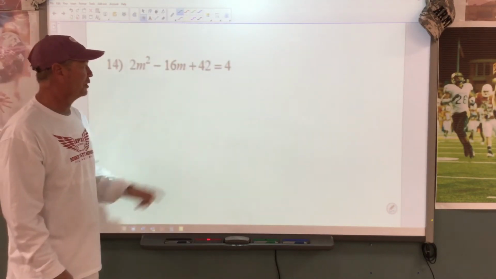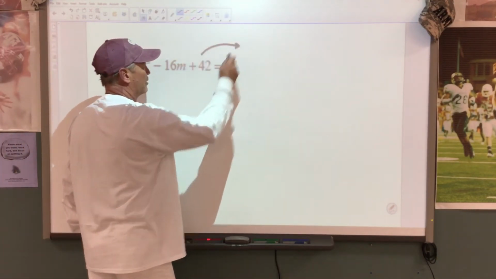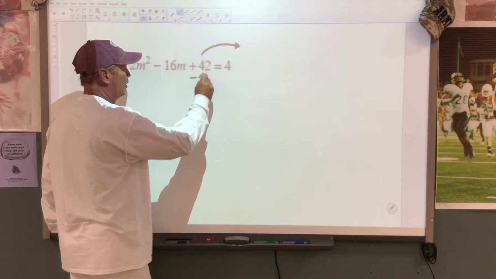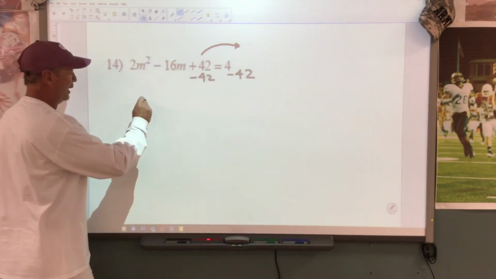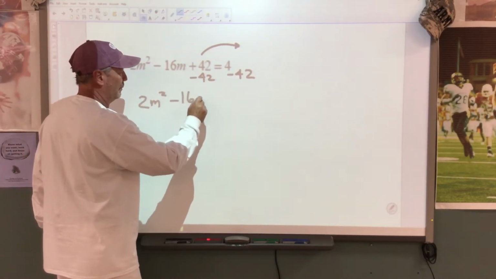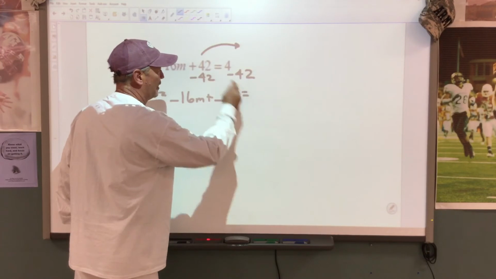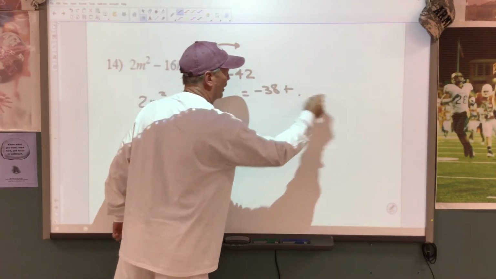In this situation, I need to move the 42. I'm going to move the 42 to the other side. We're going to go minus 42, minus 42. I'm looking at 2m squared minus 16m plus blank. That will give me a negative 38 plus blank.